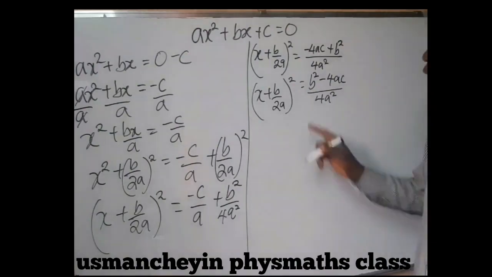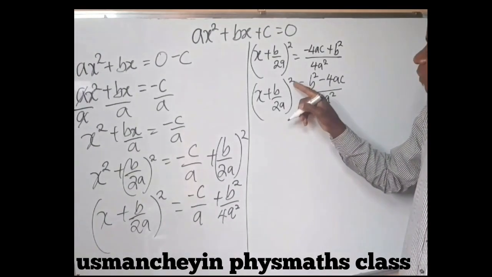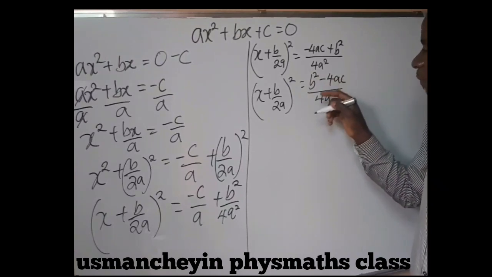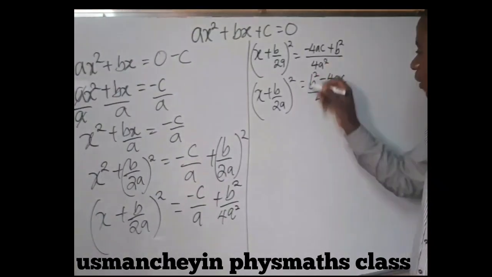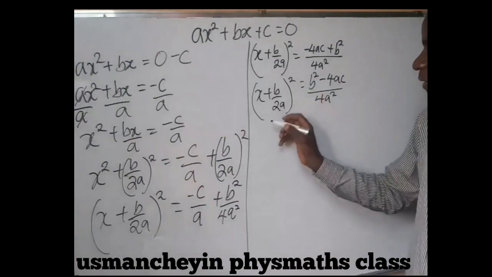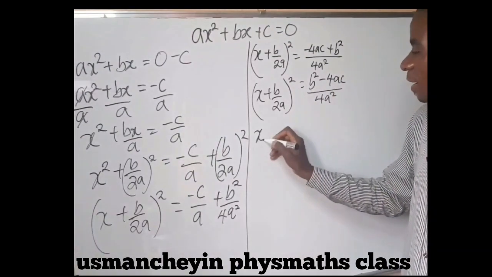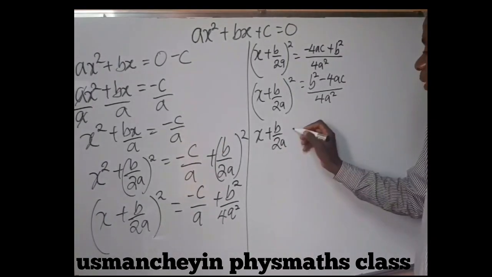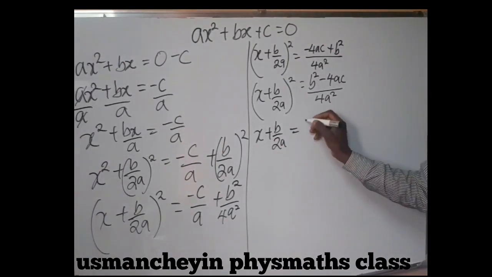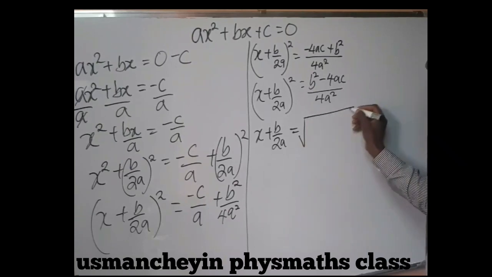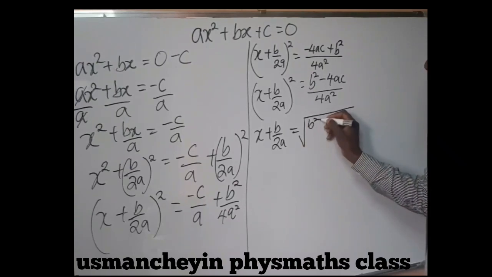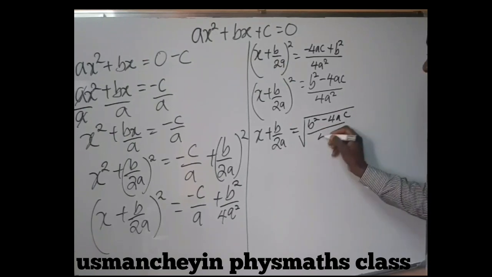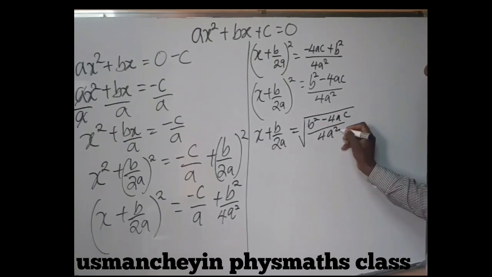All right, so to remove this square, we'll take the square root to this side. The moment you put the square root here, the square will disappear. So we'll be having x plus b over 2a is equal to square root of b square minus 4ac all over 4a square.